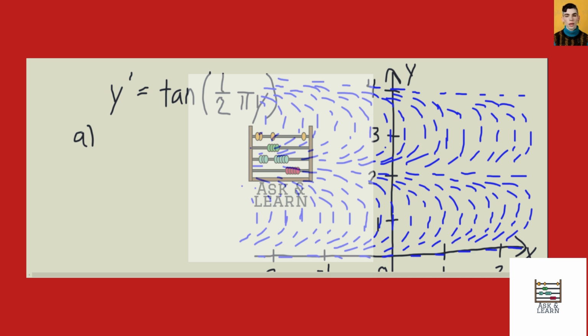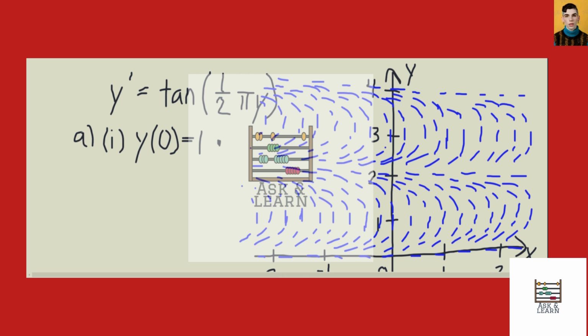In part A, we are asked to find the graphs of the solutions with the given initial value conditions. In part 1, y(0) equals 1. I'll draw this graph in black.